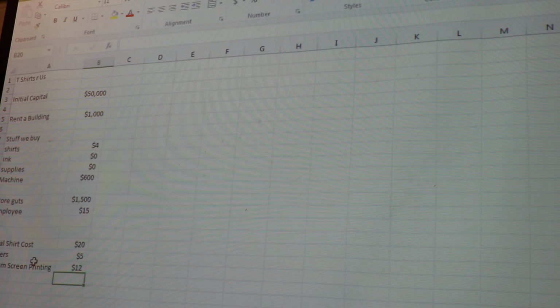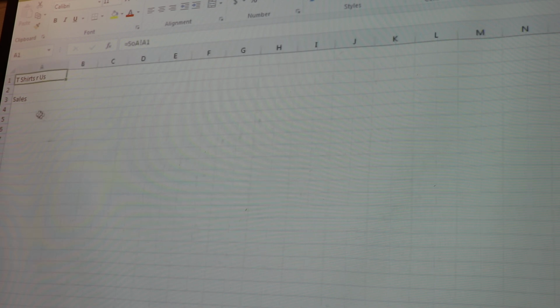That's what we mean. So let's go ahead and break it down on the income statement. So we're going to say sales, shirts. In the next line, sales, stickers. And in the next line, sales, custom. All right.